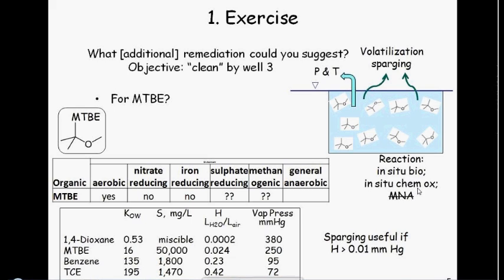Again, in situ chemical oxidation, we'd have to wait until Neil tells us, but it's not commonly used. So for MTBE, things aren't quite as easy. Pump and treat looks like a good one. Sparging is possible, but not desirable. Biological reactions don't look really strong. There's a maybe there. And we don't know about in situ chemical oxidation.